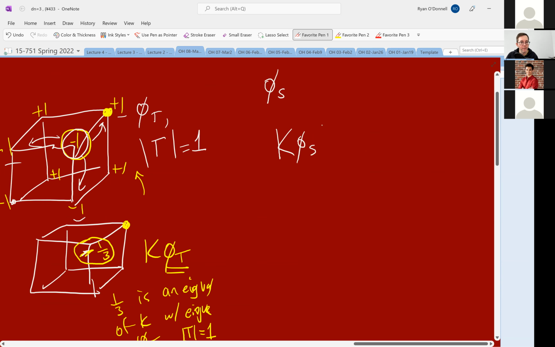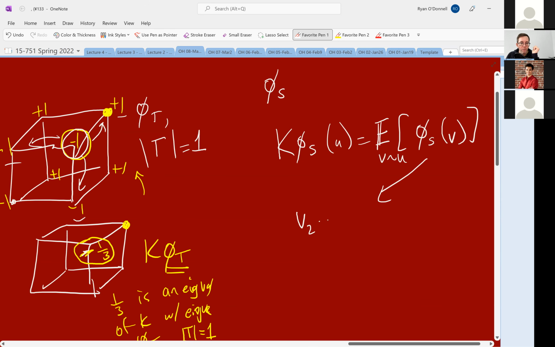So K phi S at a point U is the average, or expectation, over a neighbor V of U of phi S of V. So this will look like V2 times V3 times V7 times V8 times V9 and so on, if, for example, S is the set 2, 3, 7, 8, and so on.